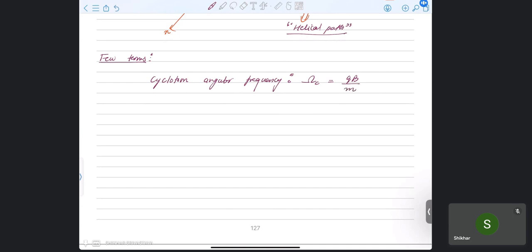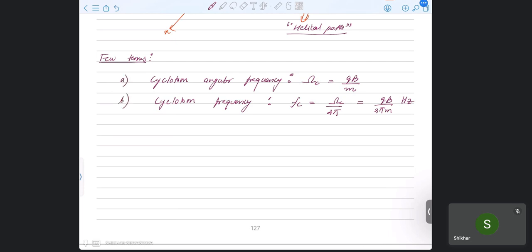So the cyclotron frequency, which is not in radian per second but just second inverse, is omega c by 2 pi, which is qB upon 2 pi m. So this is the frequency of the particle in hertz, provided you take all the parameters in standard units.